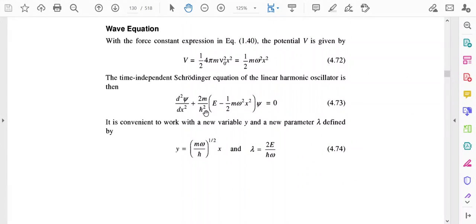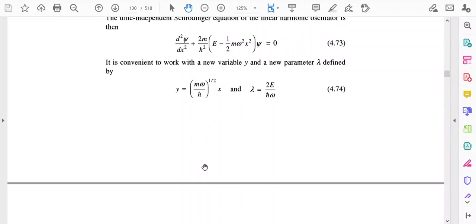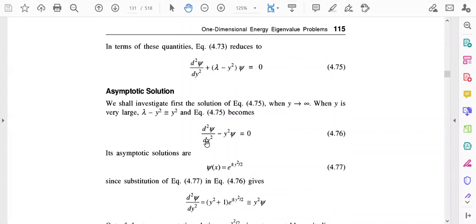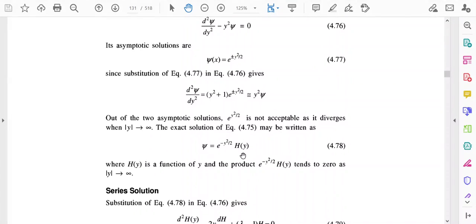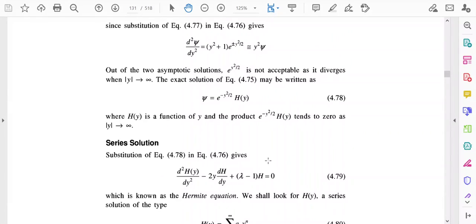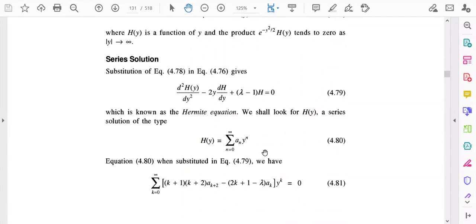This was the Schrodinger equation, and then we started assuming some asymptotic solution. So these are the asymptotic solutions. Then we assumed the nature of the exact solution, and when this value was substituted in the Schrodinger equation, the equation became like this, equation 4.79.